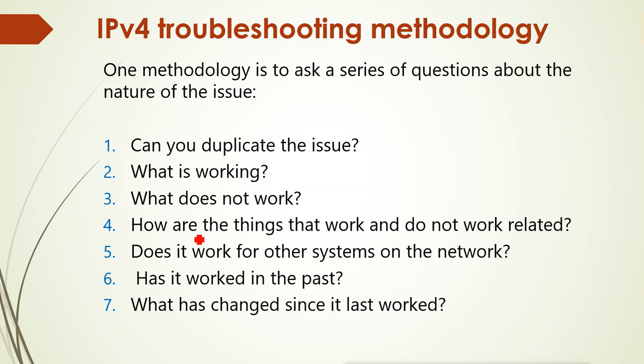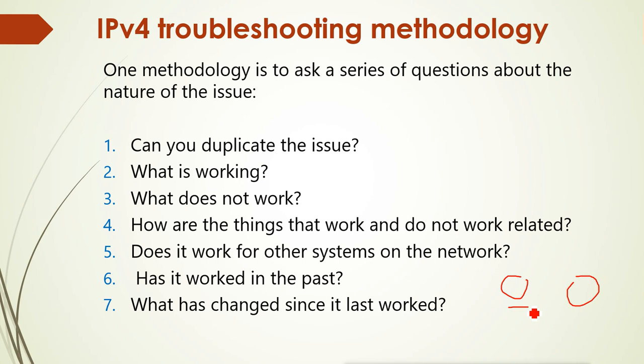Then, how are the things that work and do not work related? Does it work for other systems on the network? Like if the problem is happening on one machine, is it happening on the other machine also? Then, has it worked in the past? On this machine itself, it was working but now it is not working.